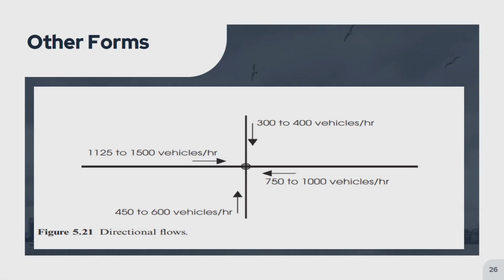The 60 was designated for the vehicles coming from the western part, which has 1,125 to 1,400 vehicles per hour, and southern part, which has 450 to 600 vehicles per hour, while the northern and eastern part is given 40, that is 750 to 1,000 vehicles per hour and 300 to 400 vehicles per hour respectively.